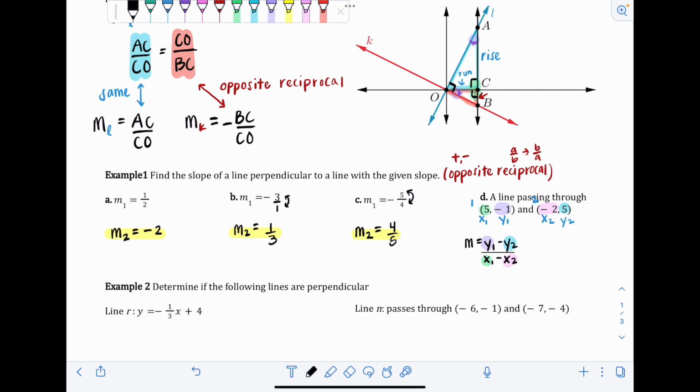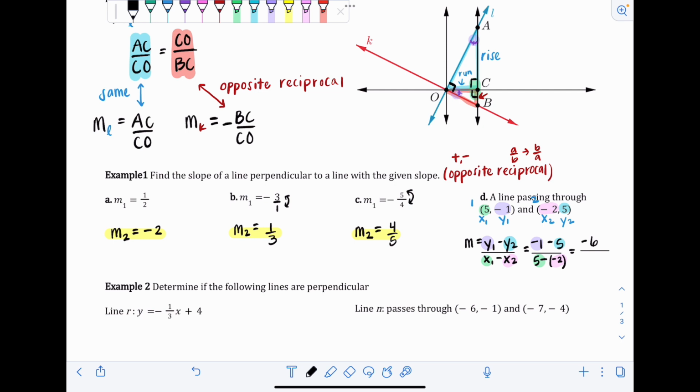We just have to be careful with the negatives. So y1 is -1 minus y2 is 5, so -1 minus 5. In the denominator, x1 is 5 minus x2, which was -2, so there's going to be that double negative there. Now in the numerator, -1 minus 5 is like starting at -1 and going down 5, so I'd be going down 6.